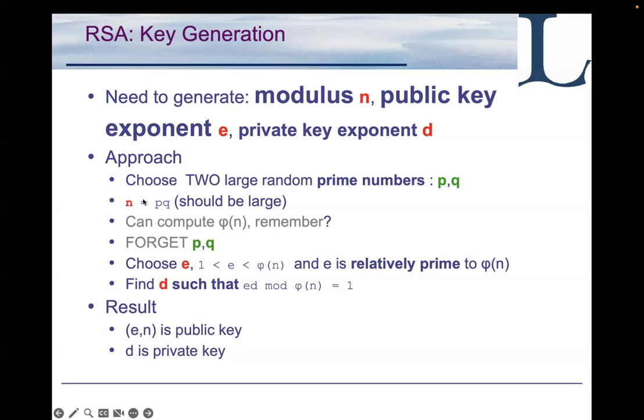And it is here that you make it very, very strong. Knowing n, you cannot understand which numbers were used to produce it. It can be anything.